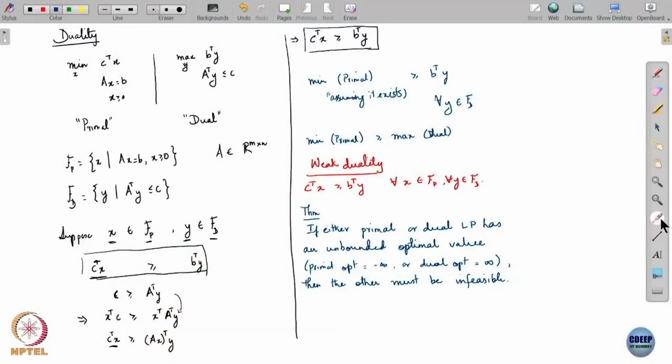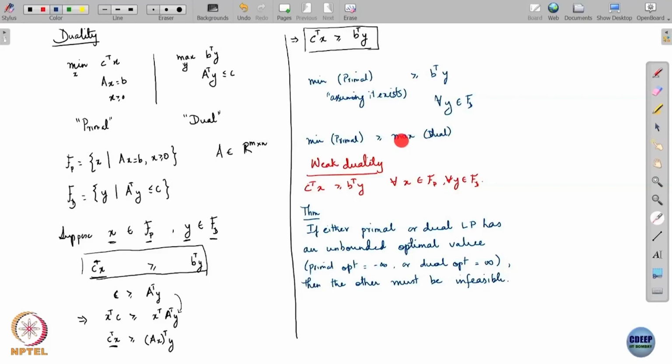What this says is that if the optimal value of the primal is minus infinity, then it cannot be that the dual has a feasible solution. Why is that? The reason is just weak duality. If the primal value is minus infinity, that means the minimum here is minus infinity, then minus infinity is greater than or equal to the maximum value of the dual.